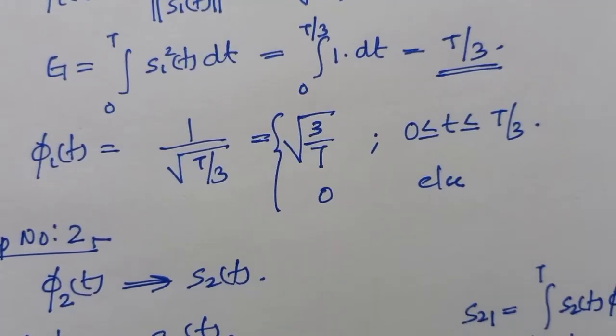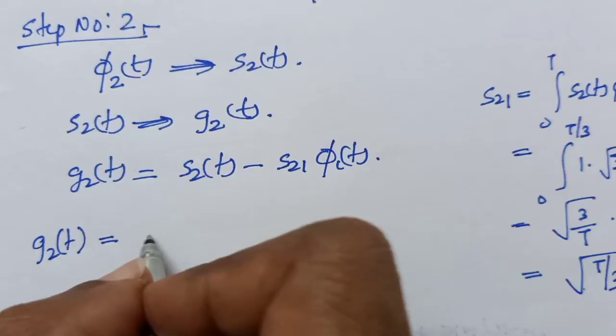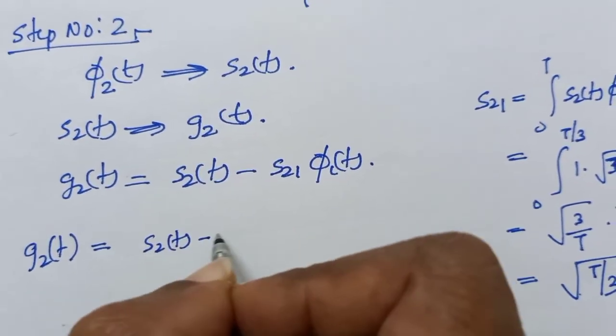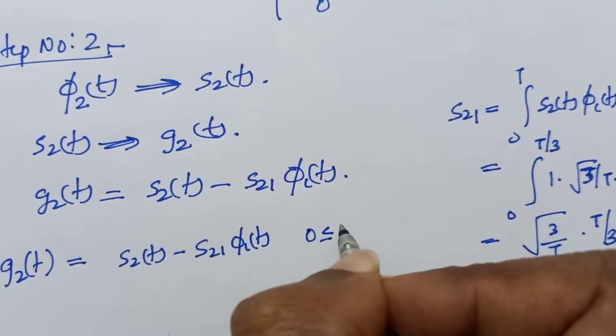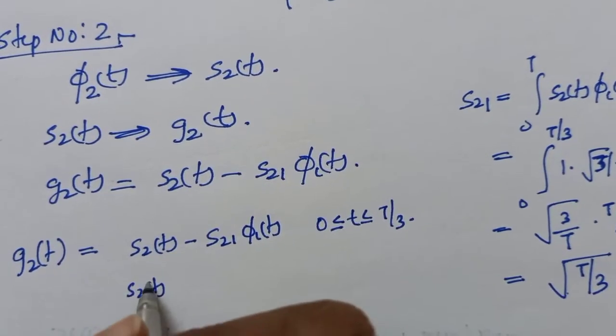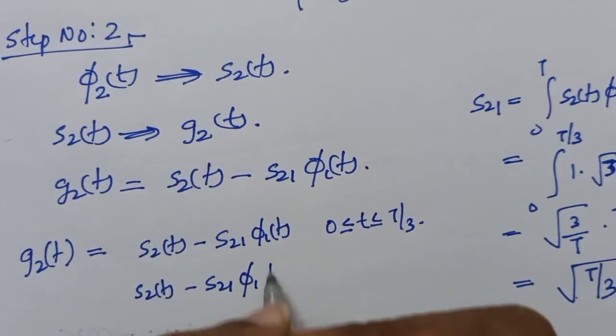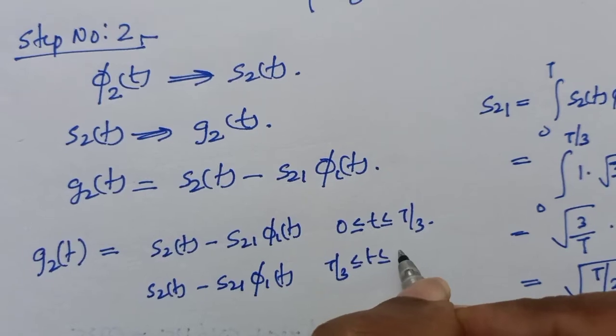So I will write it in two separate intervals. I will write it as S2(t) minus S21 phi 1(t) for 0 less than or equal to t less than or equal to t by 3. Again S2(t) minus S21 phi 1(t) for t by 3 less than or equal to t less than or equal to 2t by 3.